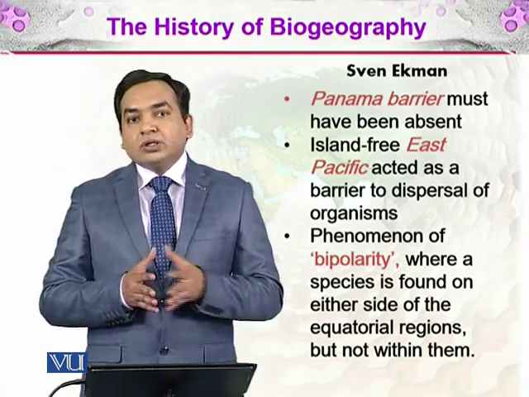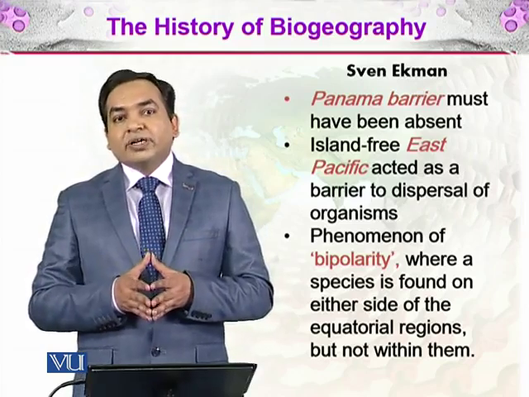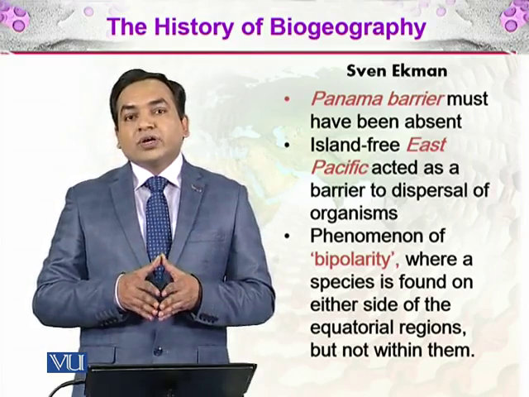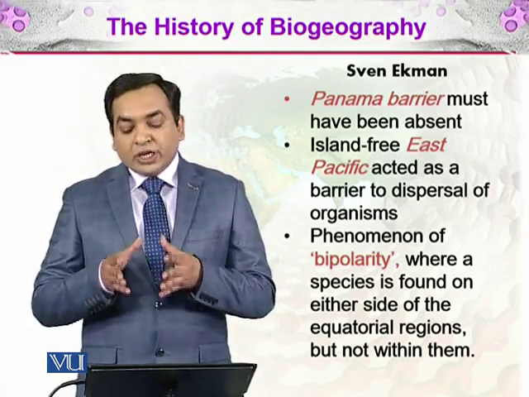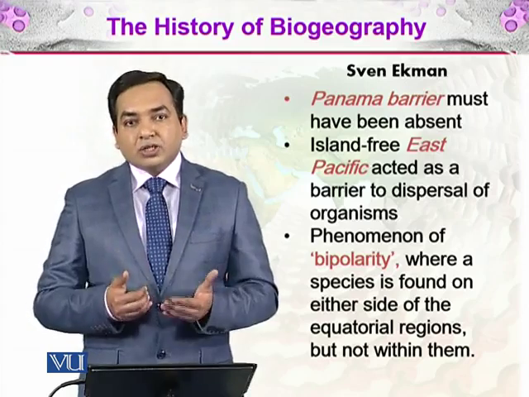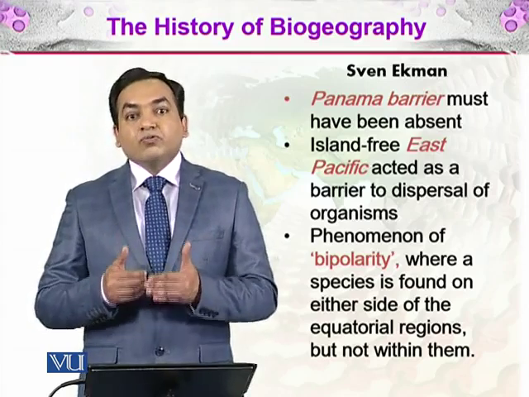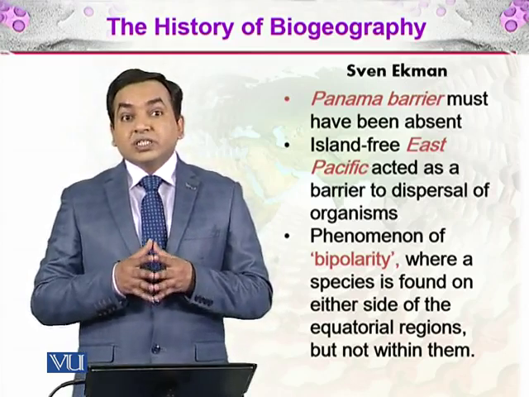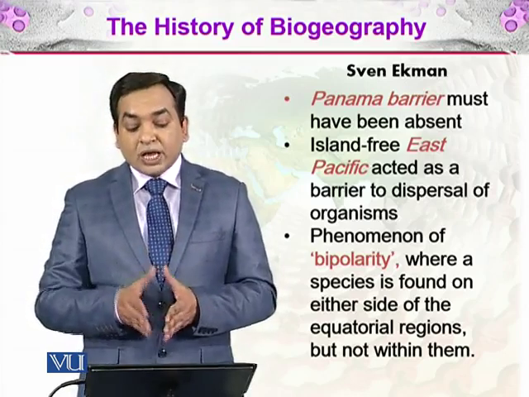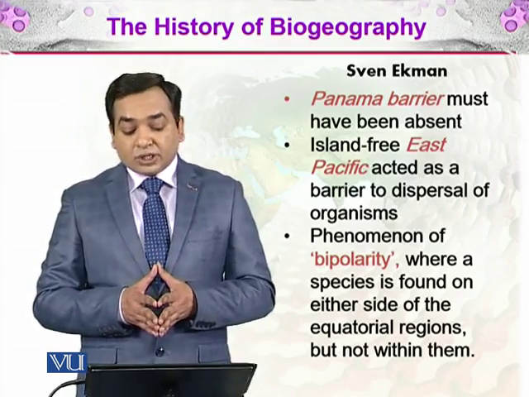On the eastern part of both continents there is the Atlantic Ocean, and on the western part the Pacific Ocean. He said that in the past that Panama strip was not there, and therefore there was no separation. He was the first scientist to say that.